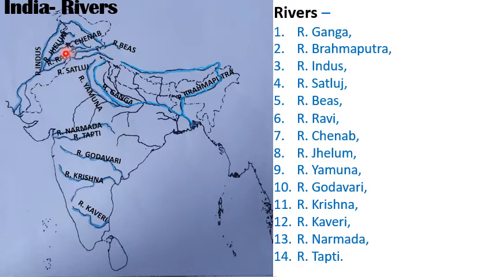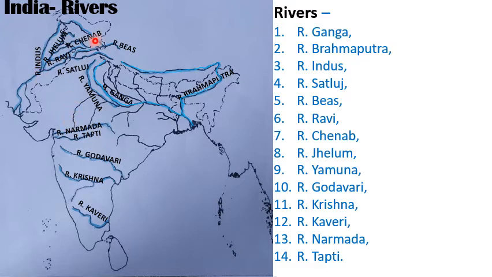Ravi is also a tributary here. Then Chenab, a tributary of river Jhelum, and Jhelum is a tributary of river Satluj, and Satluj joins river Indus.